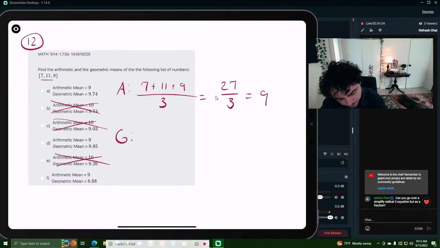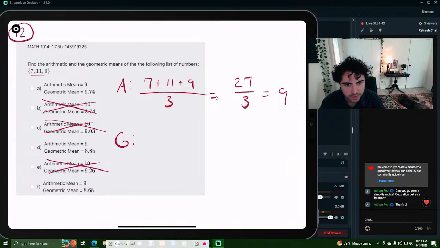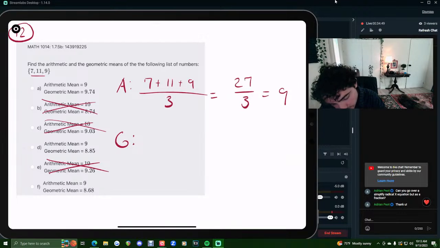Okay. So geometric mean. We'll go ahead and knock this one out. Geometric mean is similar, but instead of adding and dividing, what we're going to do is multiply and then take some sort of root. So instead of adding up all the numbers, we multiply all the numbers. So 7 times 11 times 9.